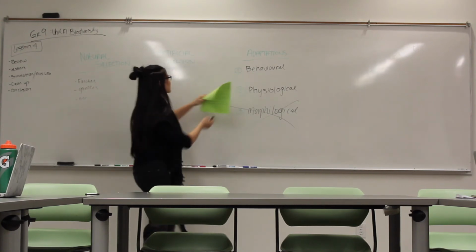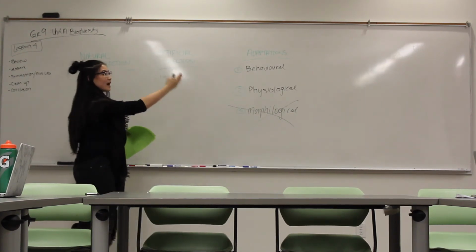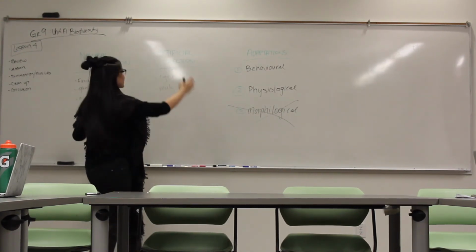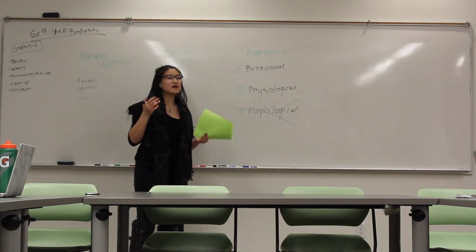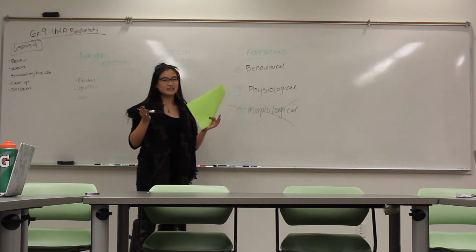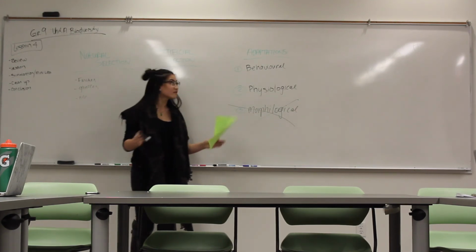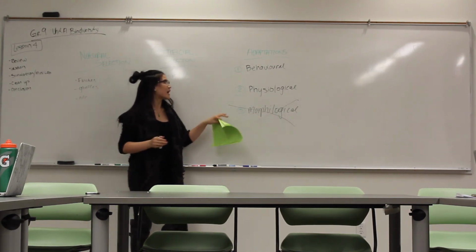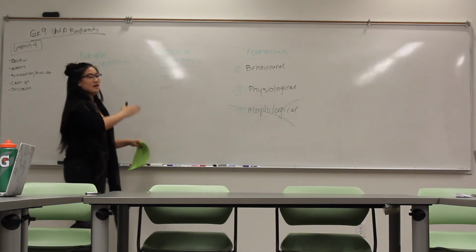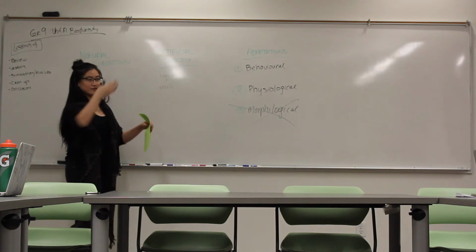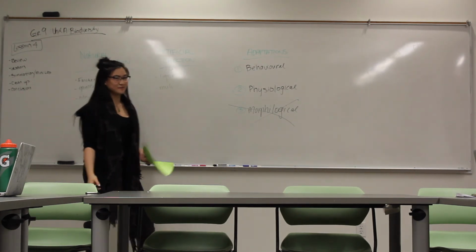So you can see how they all tie in together, right? Natural selection and adaptation. Sometimes you guys can misconceive those 2 terms, but it's totally fine. Just remember that adaptations are traits and natural selection is the process of evolution, which you guys will learn later on as well.